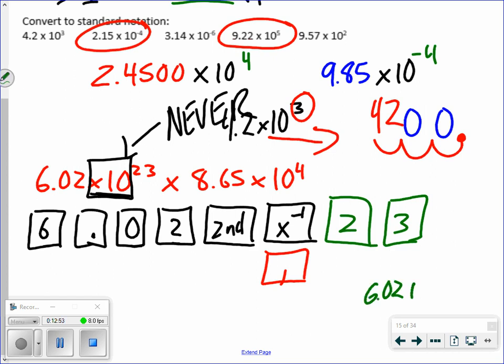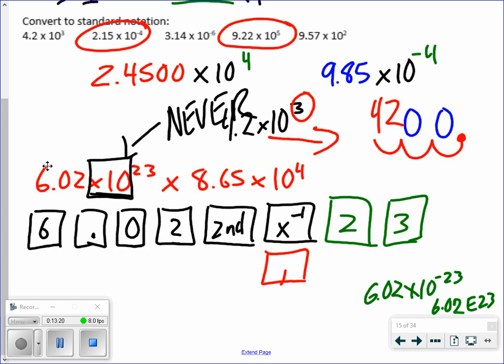6.02 times 10 to the 23rd, or 6.02 E23. Now we're just going to do the rest. If you haven't cleared it, hit the times button. It should say Ans. Now tell me what I need to type in. 8.65.